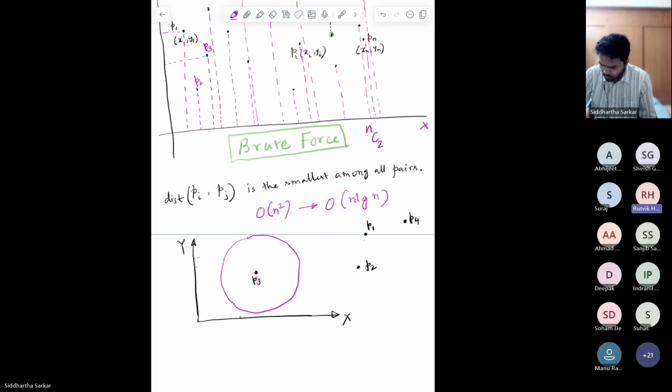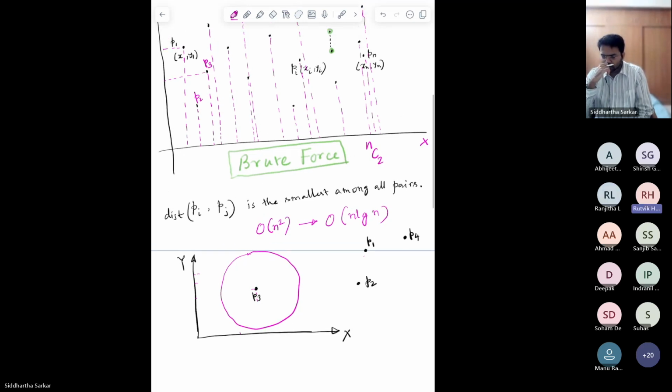Technically you go from a circle of radius 0 until whichever point hits it first, and that will give you the distance between those two. So you will be able to identify the closest point to the given point. Now you just need to apply that for every point and you'll get the closest pair. Correct. Makes sense.